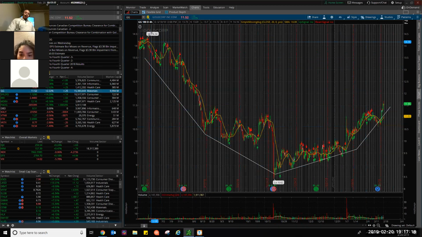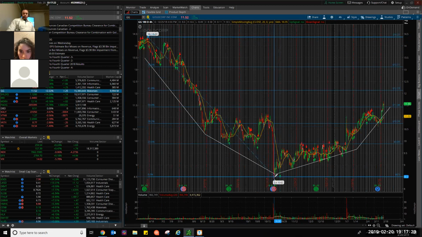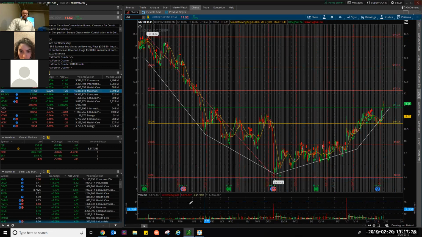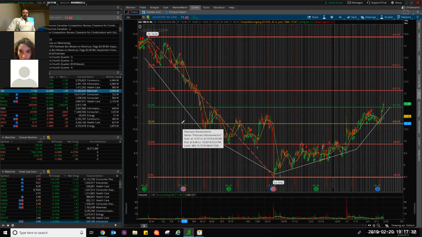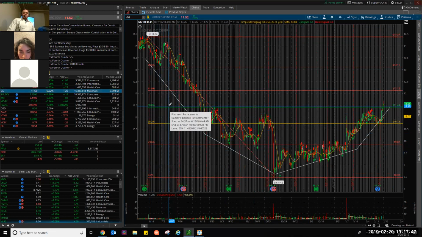With this tool you take from the top, the highest point, to the lowest point of the chart, and you click. I already have these color coded. That 38% is the sweet spot of buying. That's exactly where you want to buy. But anything above 23% is acceptable. 50% means that the stock is in a strong trend. It is a trend that's happening, or it's a reversal.